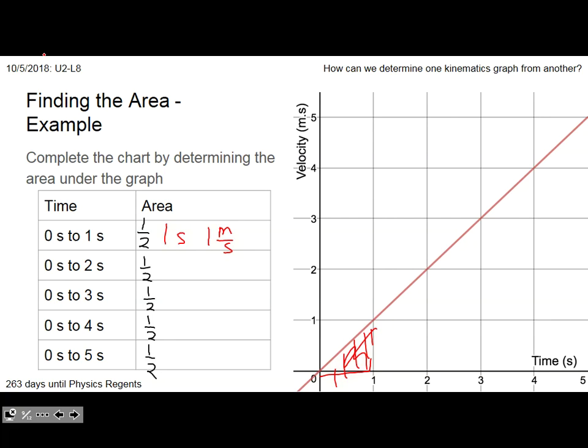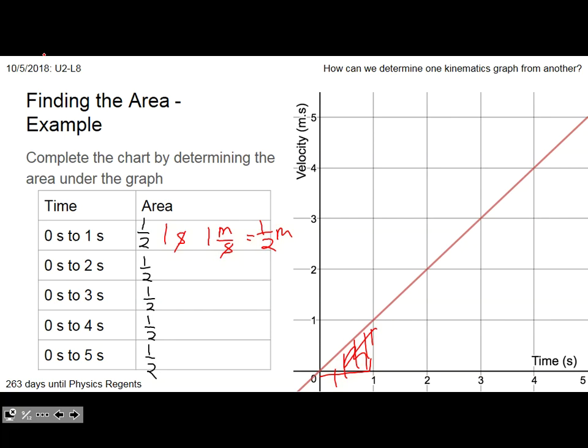What does that give us? Shannon, what is that? A half times 1 times 1? Okay, so the number is a half, and what happens to the units? The seconds cancel. A half meter. Awesome. Okay. Let's do the next one.